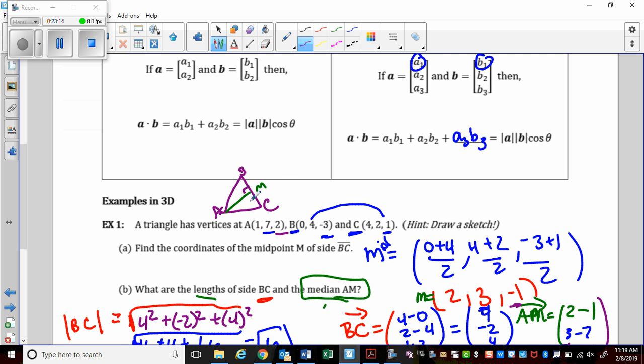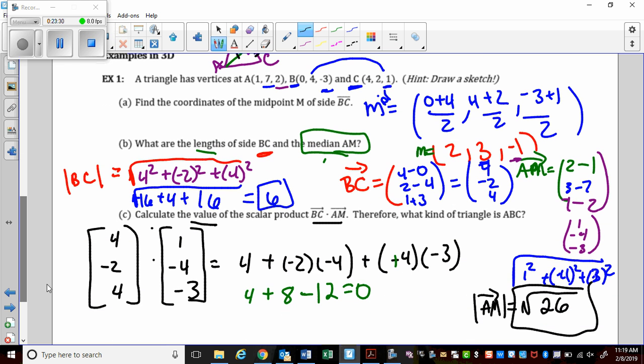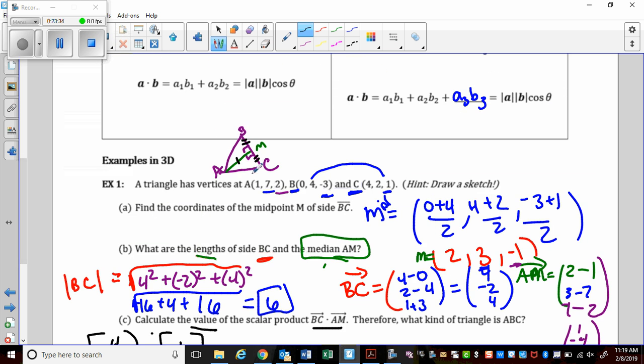This is perpendicular. We know that this side is equal, and we know that M is the midpoint of BC. So this is side, angle, side. We know that these two triangles, CMA and BMA, are congruent by side, angle, side.